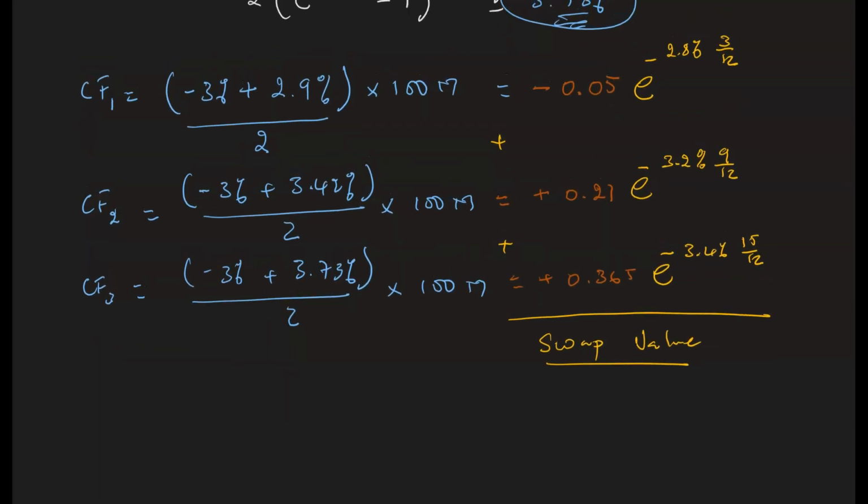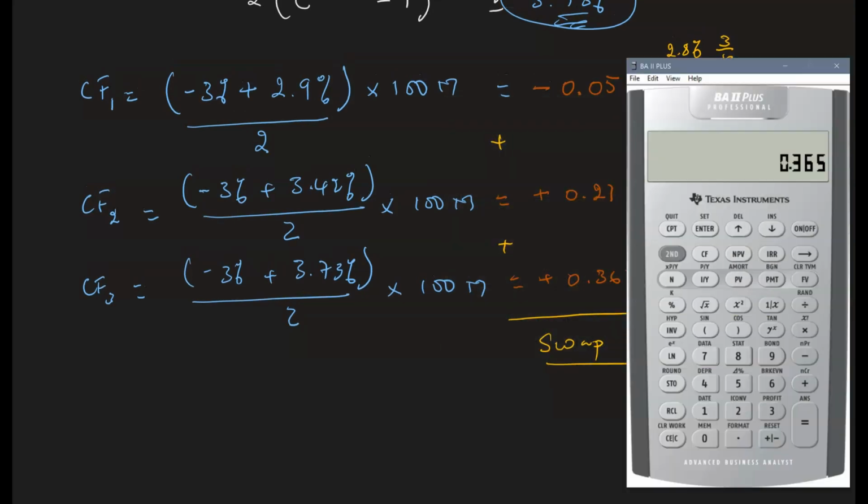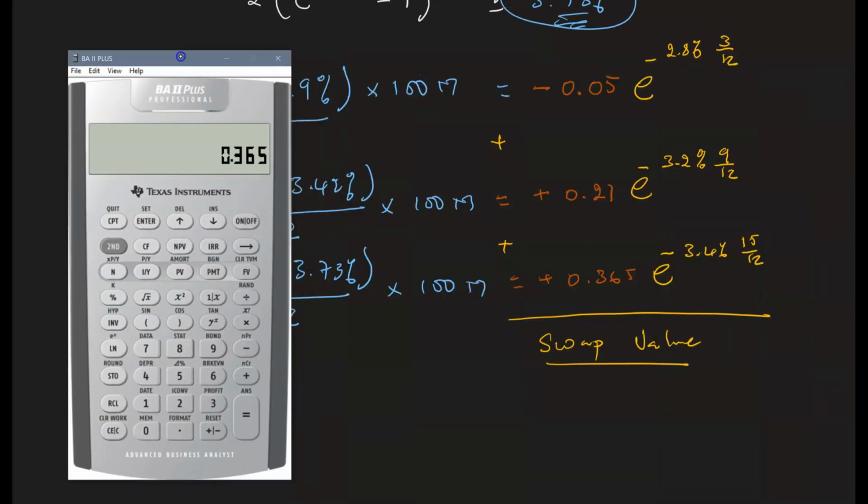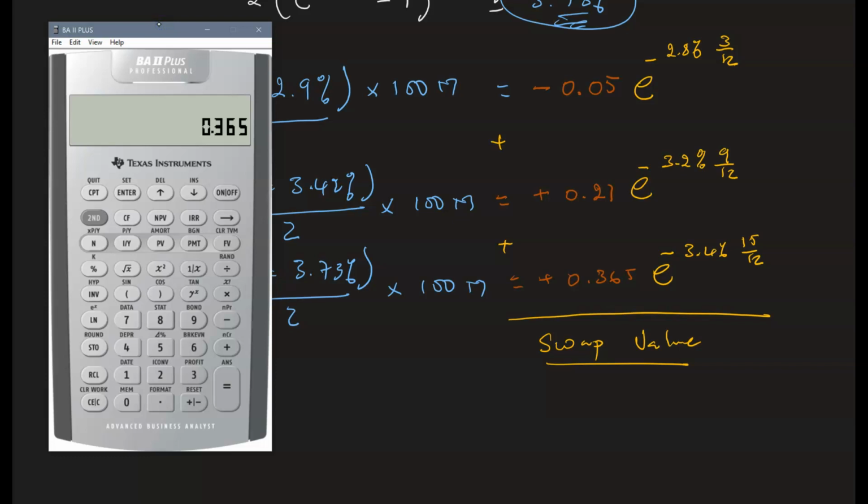And so let's do just that. We're going to work with this one after the other one. So we're going to start with the last one, the last cash flow. Actually, let's do 2.8%. That's the first one. Multiplied by 3 divided by 12 equal, that's 0.07.